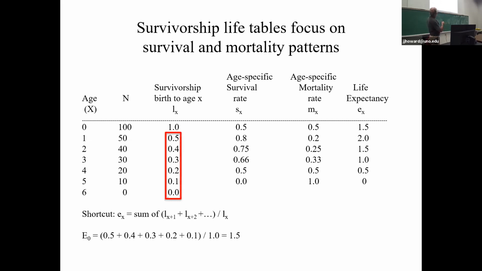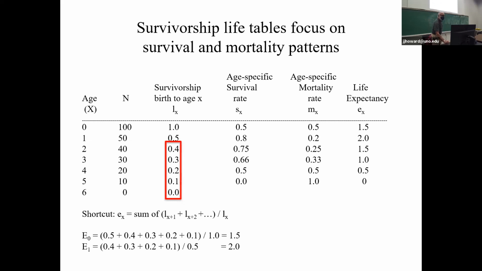And of course, what you see is 0.5 plus 0.4 plus 0.3 plus 0.2 plus 0.1 is 1.5 divided by 1 is 1.5. So whenever you're looking for a life expectancy, an EX value, you add up the LX column starting with the next age, and then you divide it by LX for the missing age.